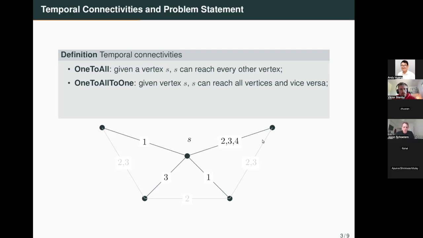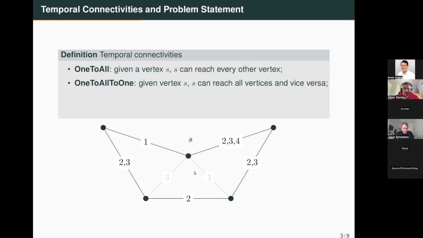The next type of connectivity we refer to as one-to-all-to-one. So it's basically one-to-all, but on top of that, all the other vertices have to be able to reach S as well. So in the first example of a one-to-all spanner that we gave, it actually corresponded to a one-to-all-to-one spanner as well, because all these other vertices can reach S as well.